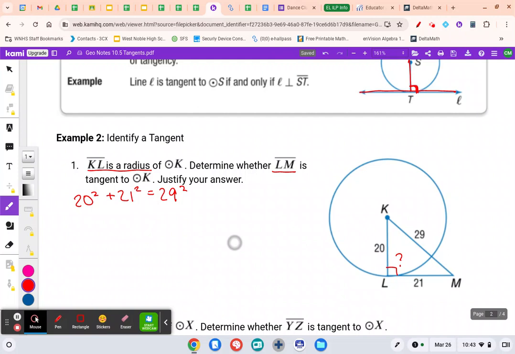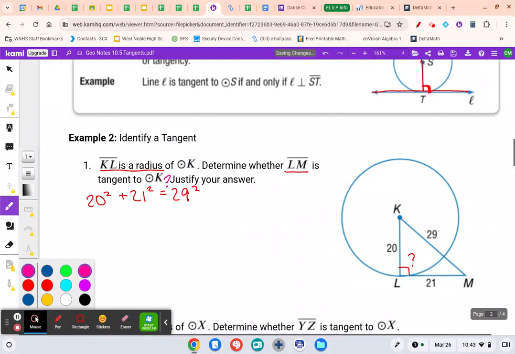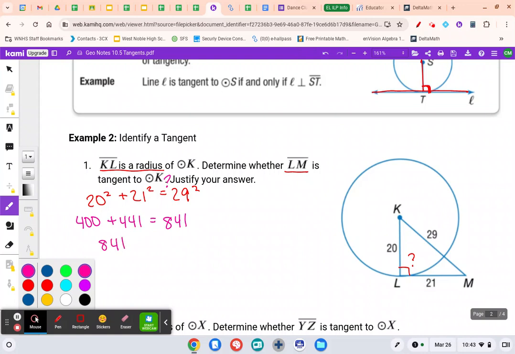So I'm going to put a question mark there. We're trying to figure out, does that actually equal? So this gives us 400 plus 441 equals 841. And 29 squared, you also get 841.